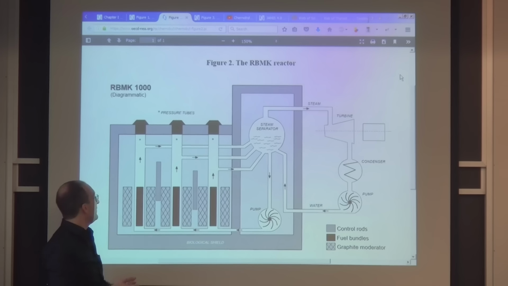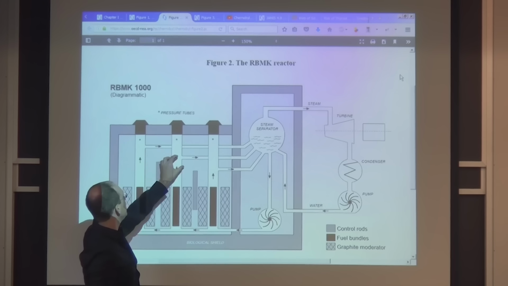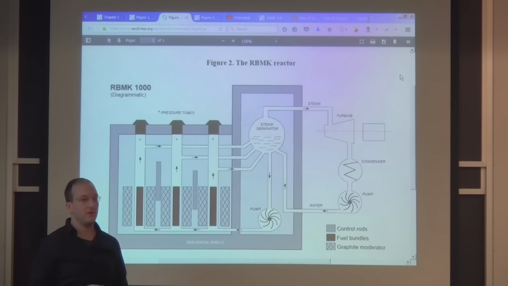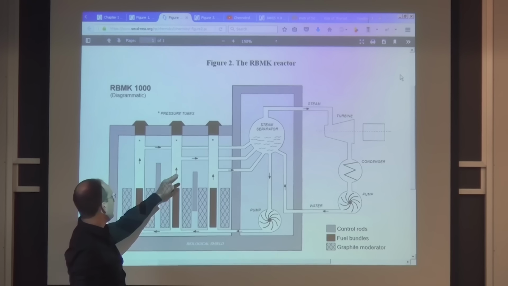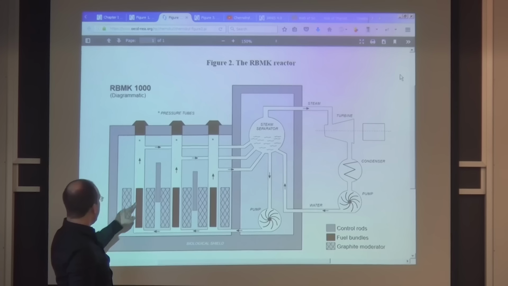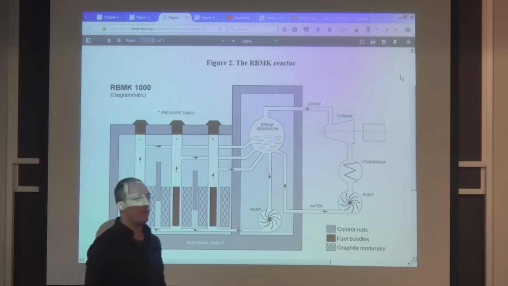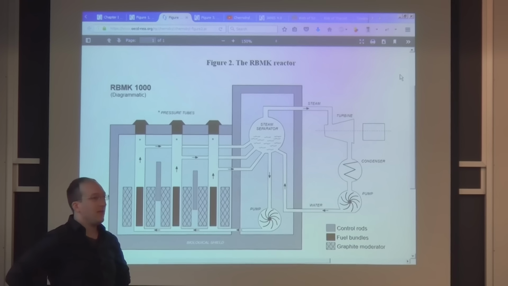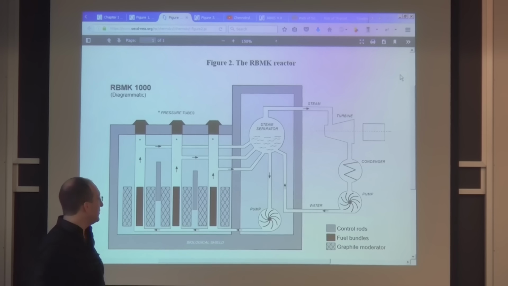What makes it different, though, is that each of these fuel rods was inside its own pressure tube. So the coolant was pressurized, and out here, this stuff right here was the moderator, composed of graphite. Unlike light water reactors in the US, the coolant was not the only moderator in the reactor.